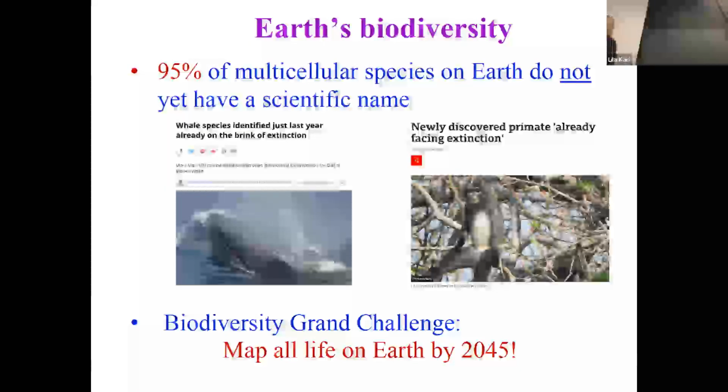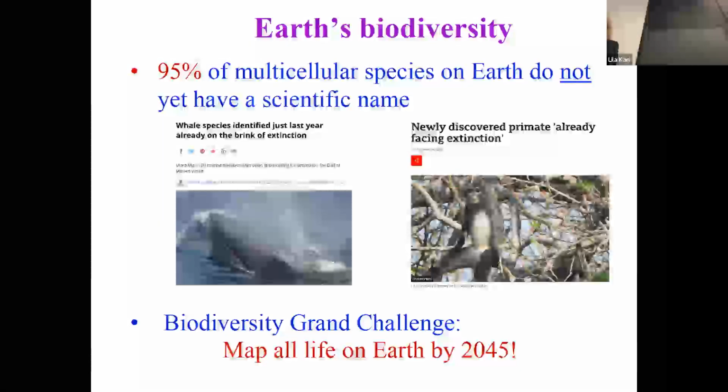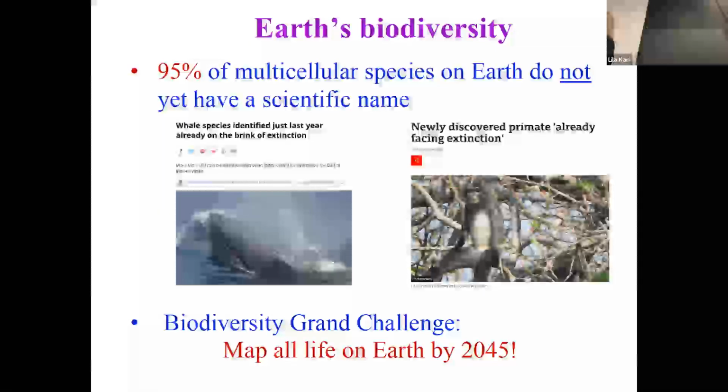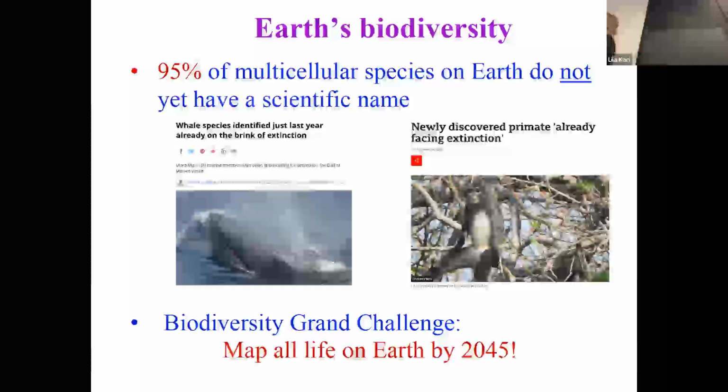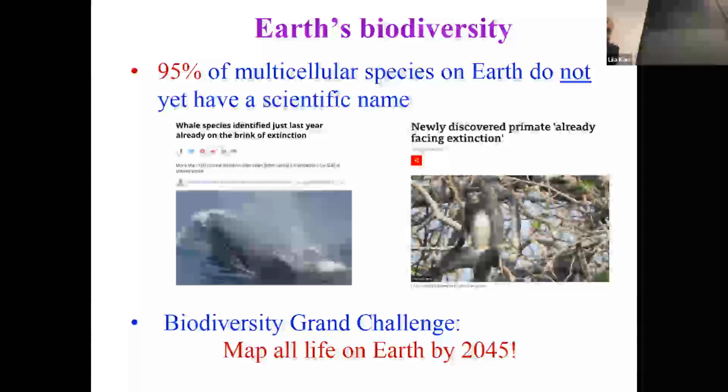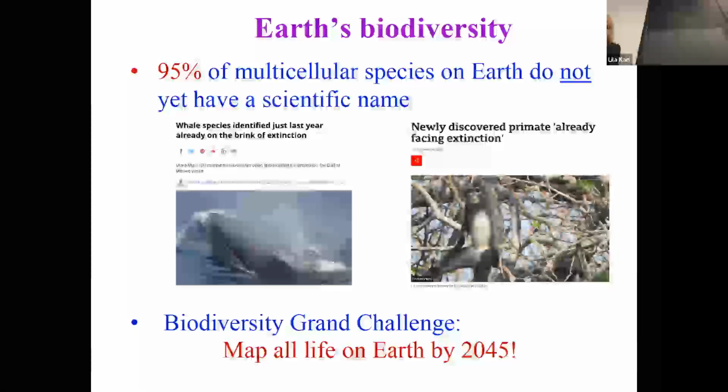I was not aware of this before I started to work in this field. I didn't know that 95%, and there is no dot missing there, it's not 9.5, it's 95% of multicellular species on Earth do not yet have a scientific name and are not yet classified. So basically, we know nothing about what exists on this Earth.